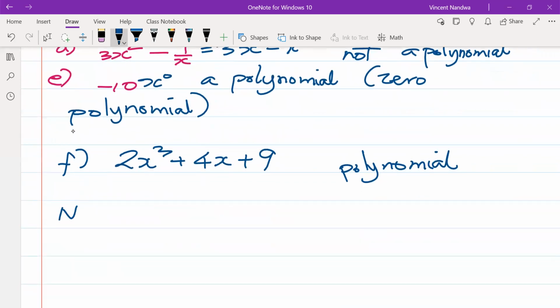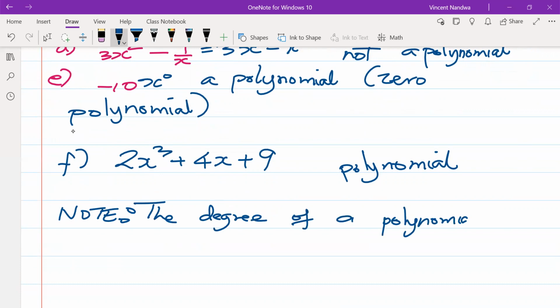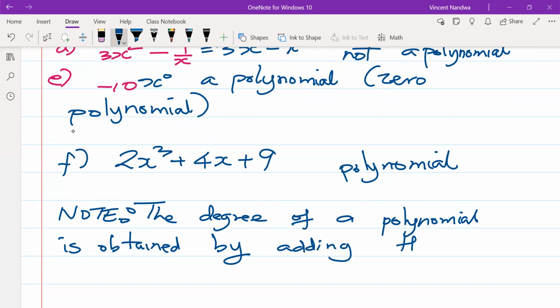So note the degree of a polynomial is obtained by adding the exponents of the variable or variables involved.